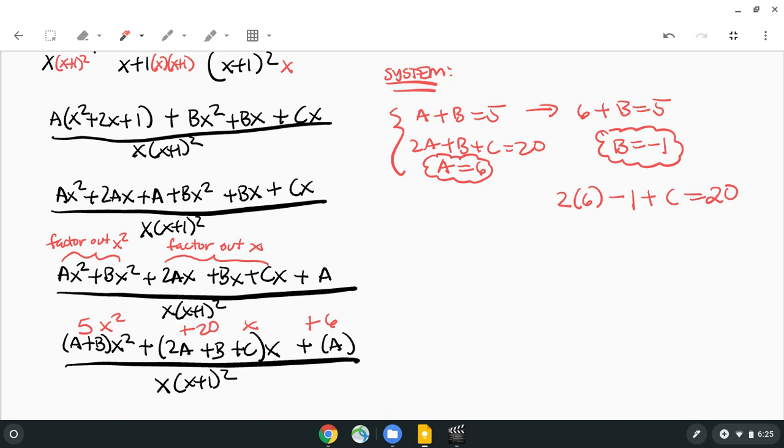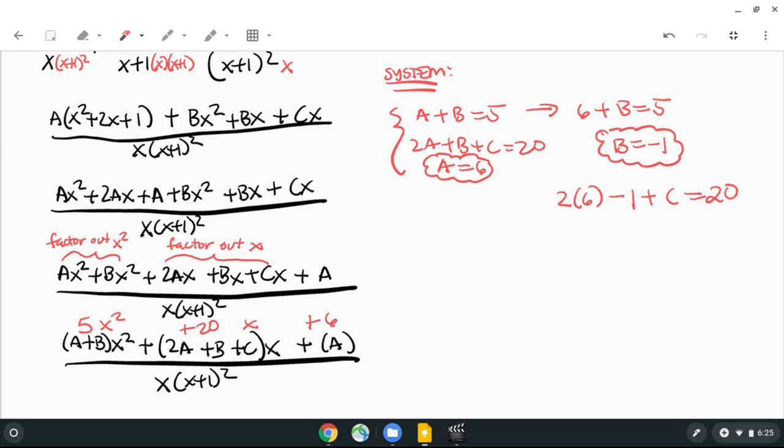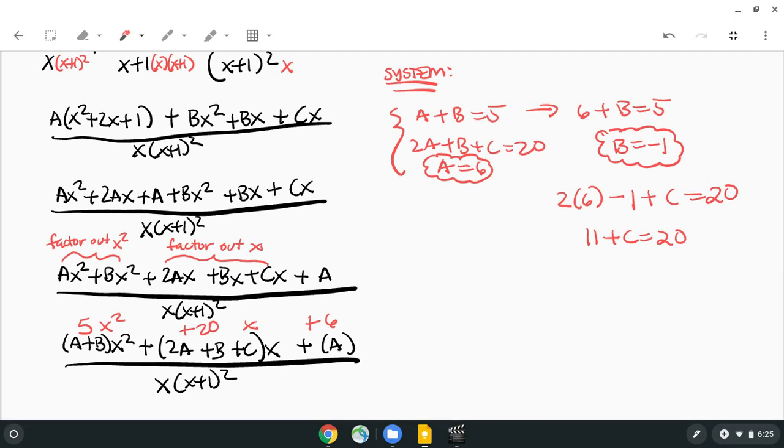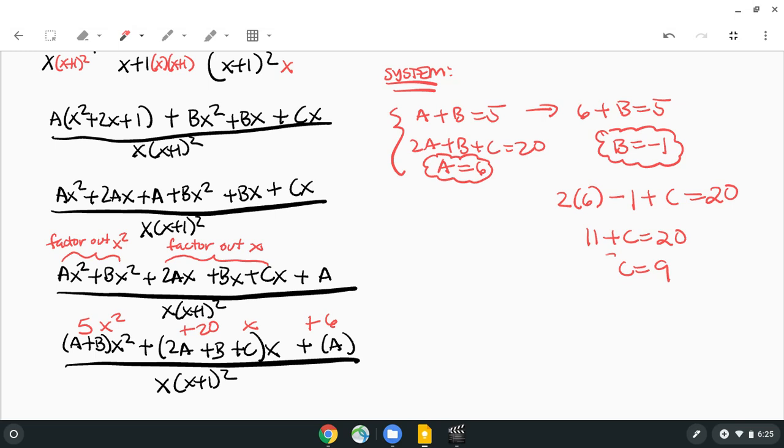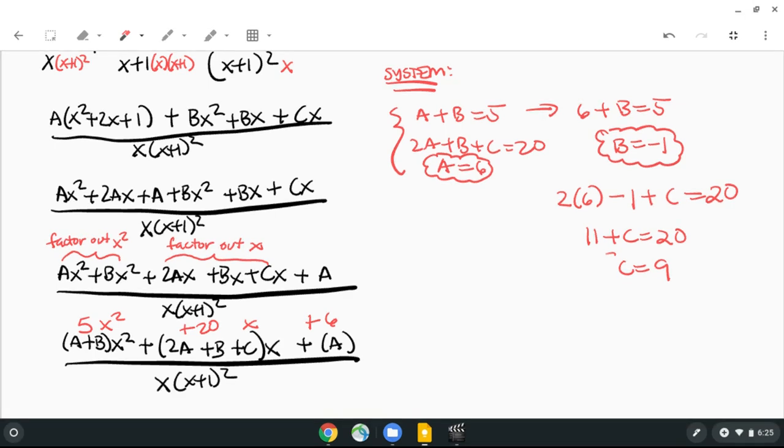That's 12 minus 1 is 11, so c equals 9. So I have all three of my letters, a, b, and c, and now I can determine my partial fractions.